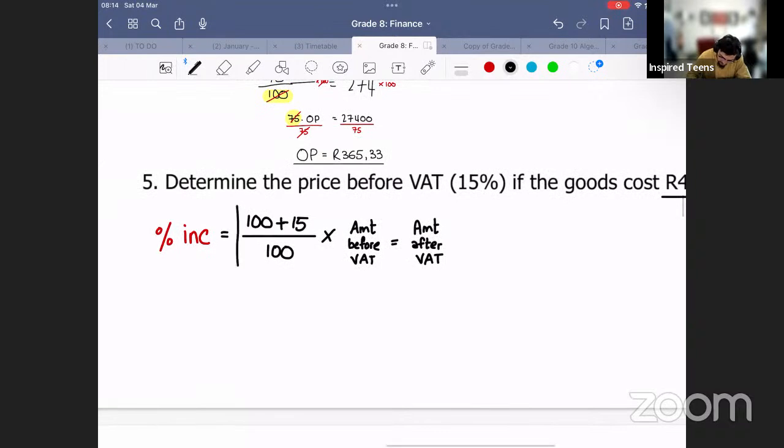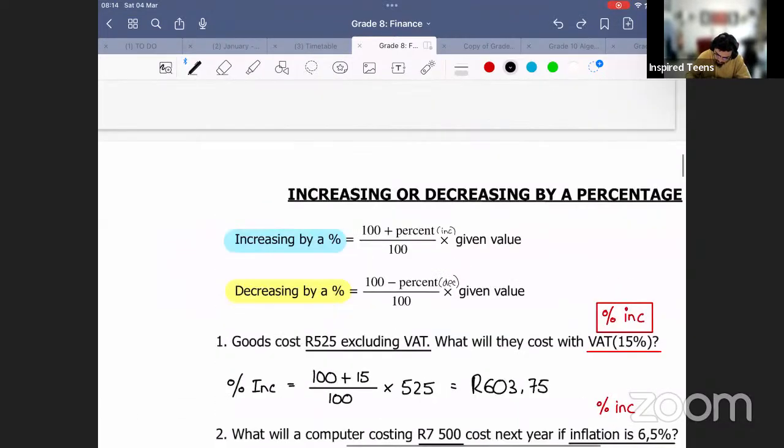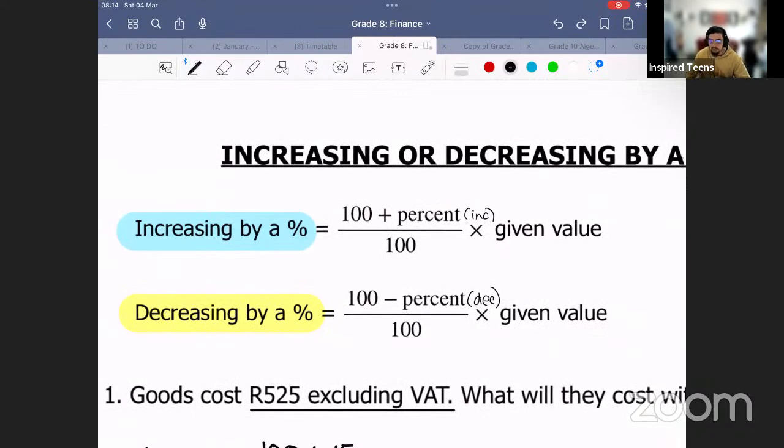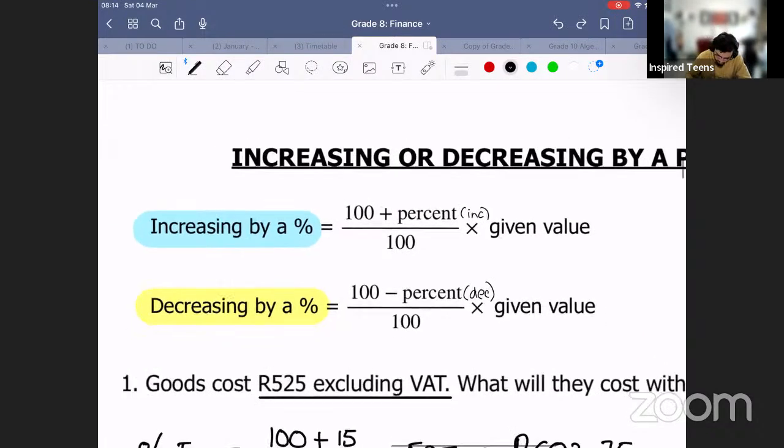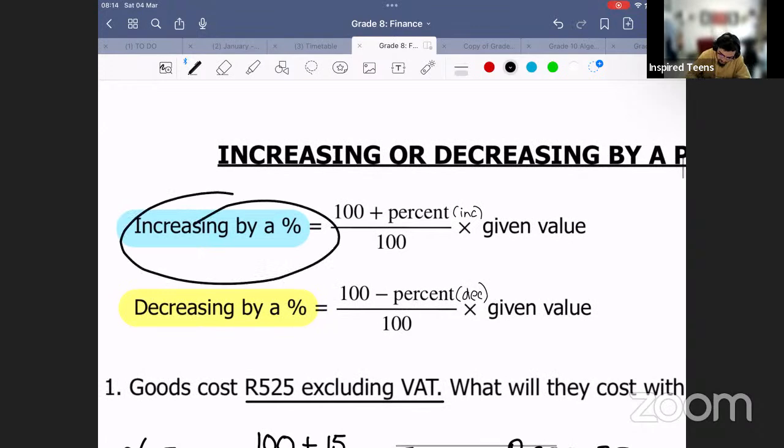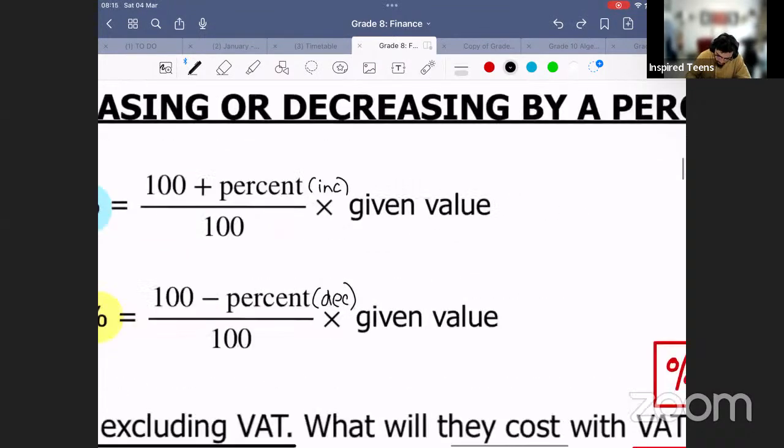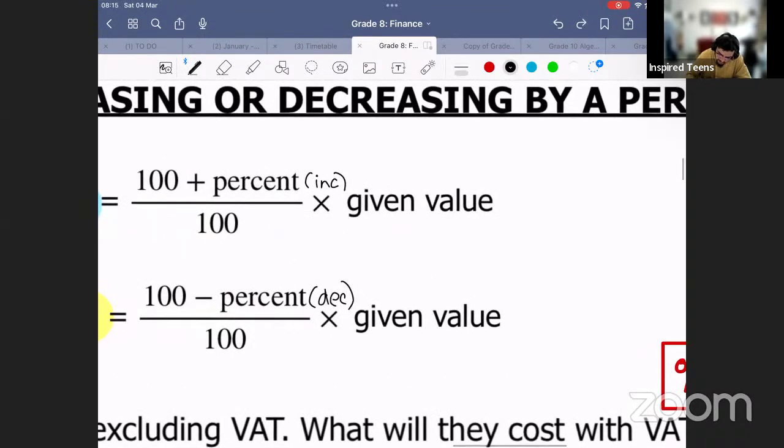So you're going to take this fraction, which you get from your formula, 100 plus 15. Why 15? Because that's the markup. Remember, we are following these formulas, so you memorize these formulas because they work 100% of the time for percentage increase and percentage decrease. So 100 plus the percentage increase multiplied by the original amount, the given value, is going to give you the amount after the percentage has increased.